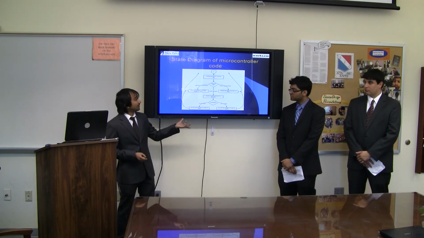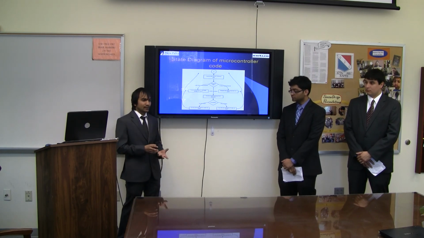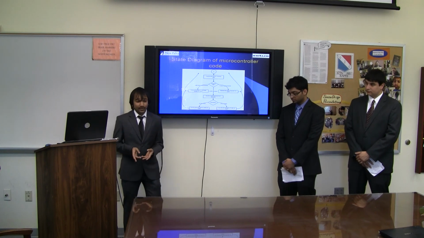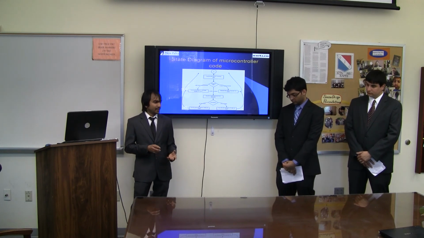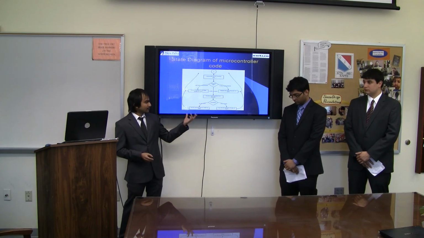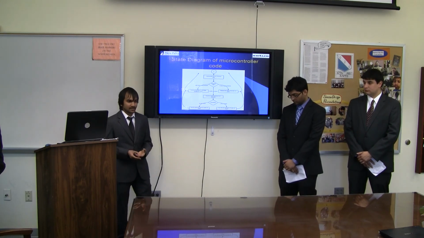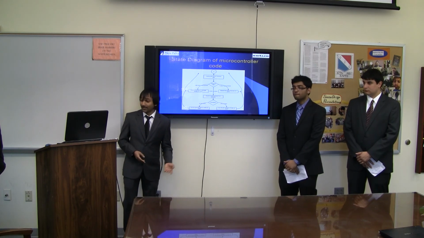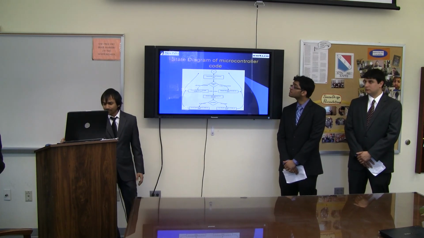We designed a flowchart for how the microcontroller will communicate with the Bluetooth, so that even if we update our Android application in the future, it will still be able to communicate with the microcontroller, because the microcontroller follows the Bluetooth application requirements. There will be no problem even if we update the application many times.